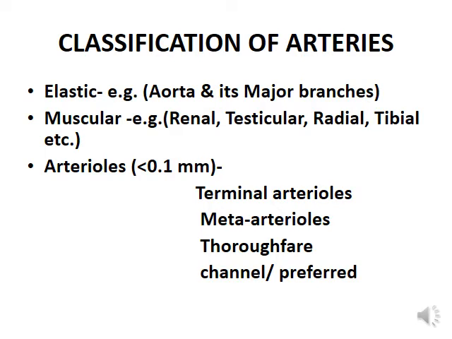Then we've got muscular arteries, e.g. the ones which bring blood to the kidneys, to the testes, alright, and to the bones here. And then we've got these arterioles, which are those small, thin, microscopic arteries which facilitate exchange of.